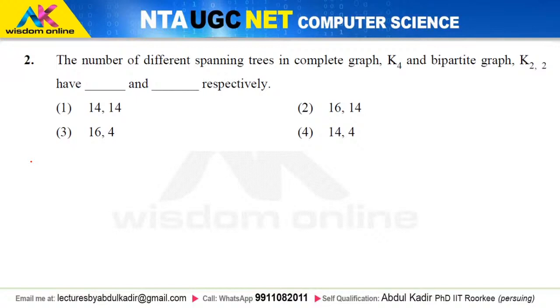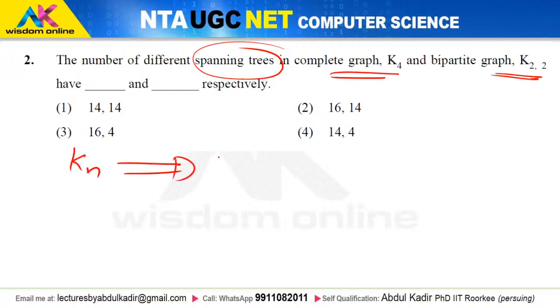Let's see this question. How many different spanning trees are there in a complete graph on 4 vertices and in a complete bipartite graph? We have a direct formula. If you have a complete graph on n vertices, then the number of spanning trees will be n power n minus 2.